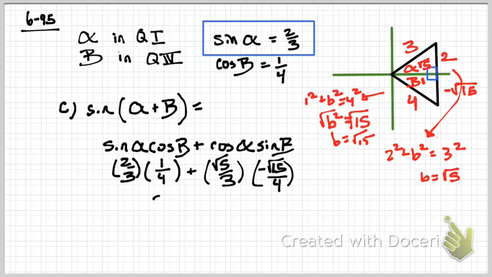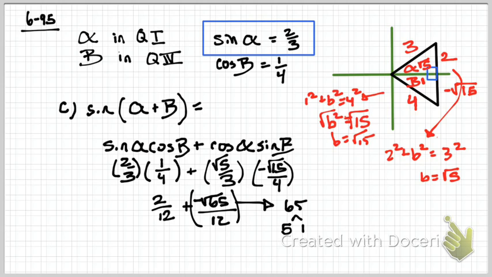So this will be 2 over 12 plus, what is this, rad 65, negative rad 65 over 12. If we factor tree this down, we get 65, break it down, 5 and 15, break it down again, 5 and 3.